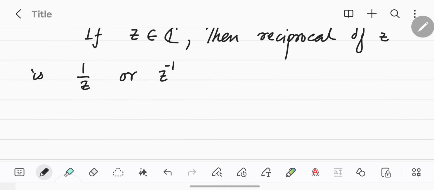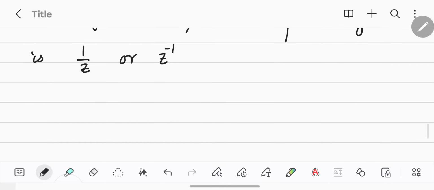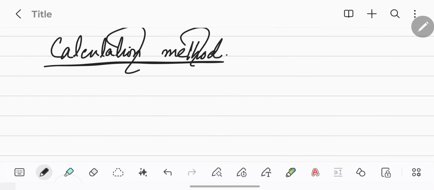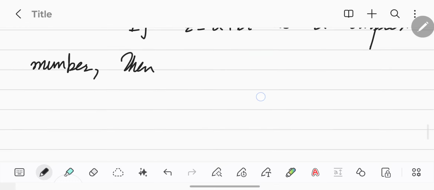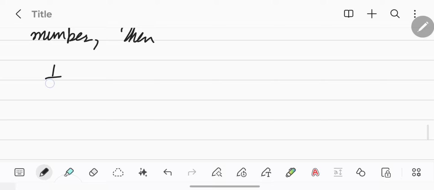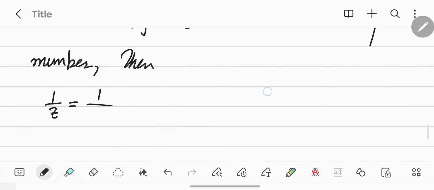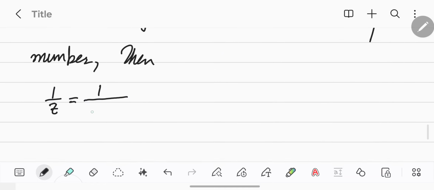Here is a calculation method for finding the reciprocal of a complex number. If Z is equal to a plus b iota, then what is 1/Z? Since Z is a plus b iota, 1/Z is equal to 1 by a plus b iota.